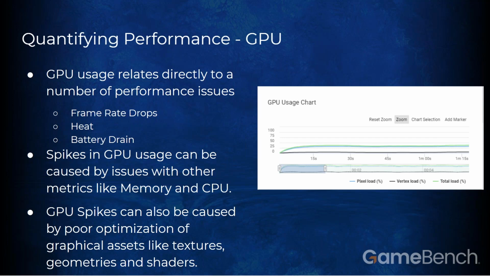So optimizing for your GPU usage, making sure your textures and your assets and your geometries and your shaders are, one, accomplishing the goal of your game, creating something beautiful that's visually pleasing for your end users, but two, are as optimized as possible.